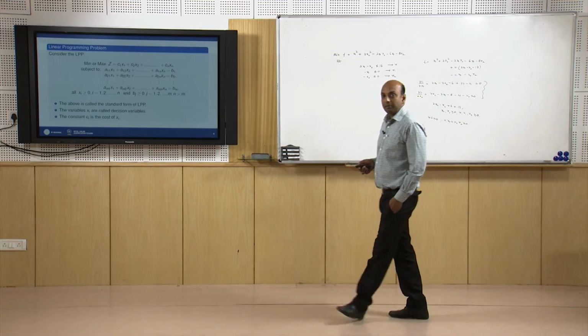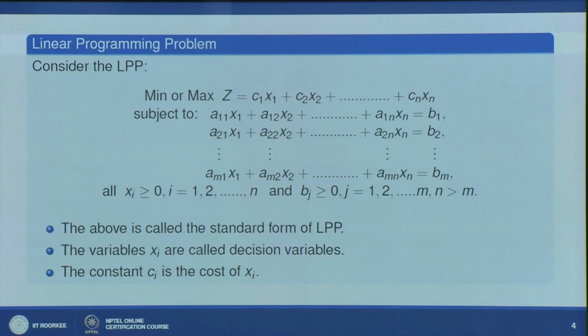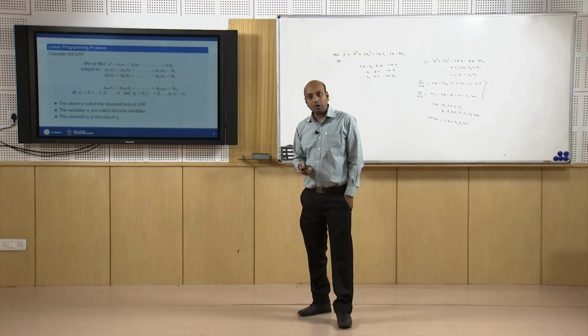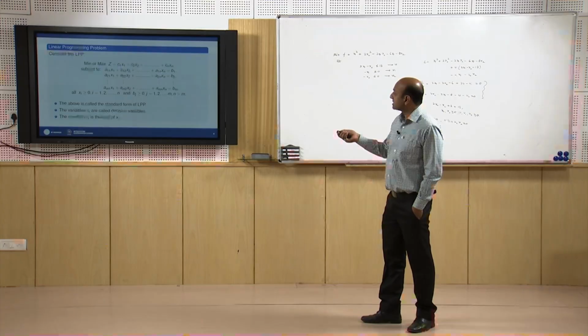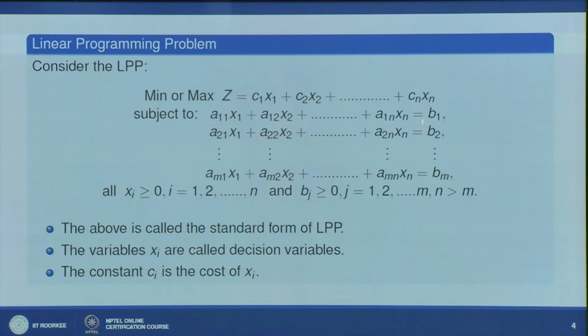Now, what are linear programming problems? We already know that if the objective function and all constraints are linear, such problems are called linear programming problems. If all constraints are of equality type, we make them equations, keeping the right-hand side non-negative, then such problems are called the standard form of LPP.